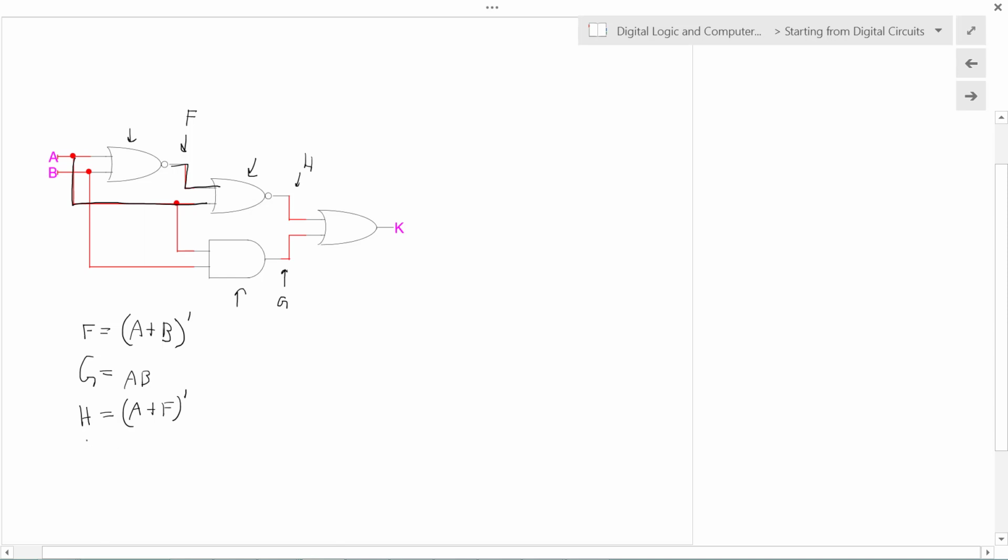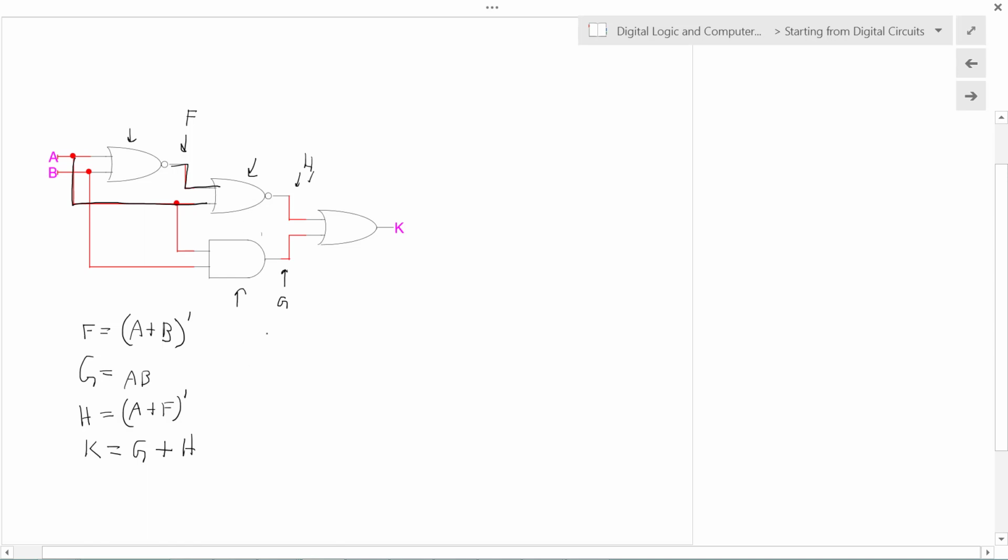Finally, K is equal to G or H. And we have a preliminary system of equations. What is K equal to?